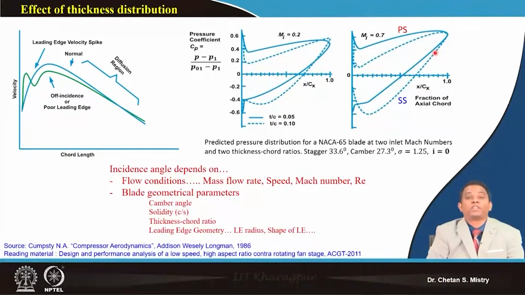One of those parameters is the variation of the thickness of my aerofoil. We need to remember that when we consider thickness, it should not be too low. If the thickness is too low, it may be possible that my leading edge radius will be lower, and my trailing edge radius will also be lower, because that is a function of thickness ratio.